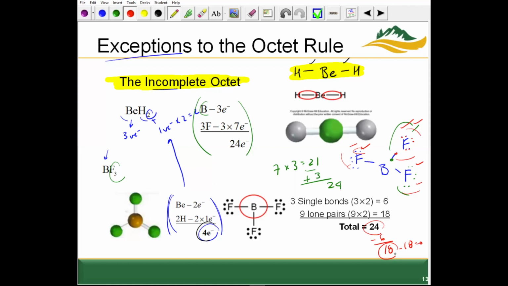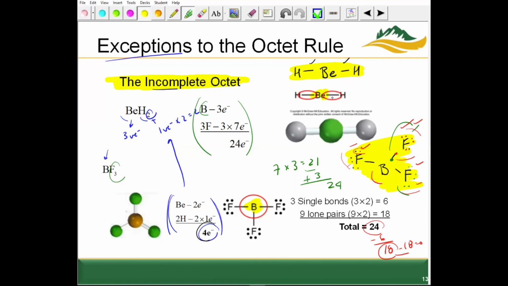We've used up all the valence electrons, we have no more, but does boron have a happy octet? Well, 1, 2, 3, 4, 5, 6 valence electrons around it. This is also now the best structure for this compound. Boron is okay with an incomplete octet.